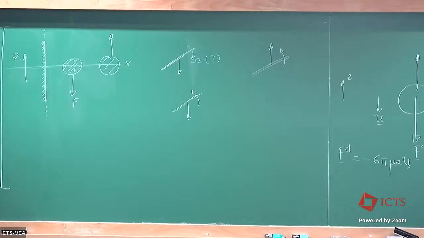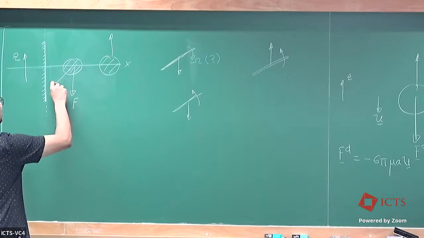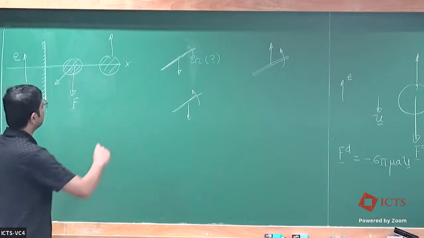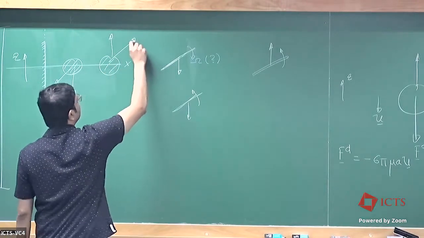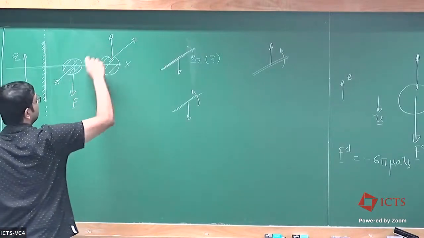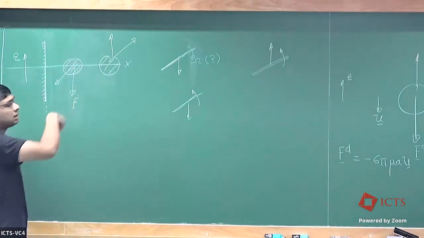So now the argument is that, suppose when you are looking at this problem, you assume the particle to be moving towards the wall. Now if you reverse time, so if you reverse forces, the particle should move away from the wall. But now these two problems, going in this direction and that direction, are identical problems.